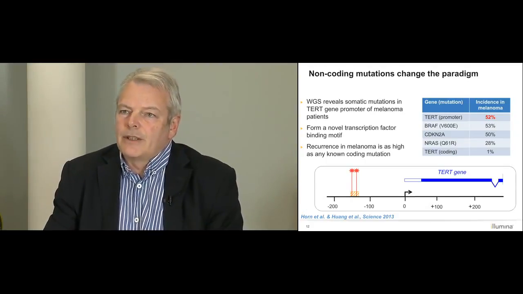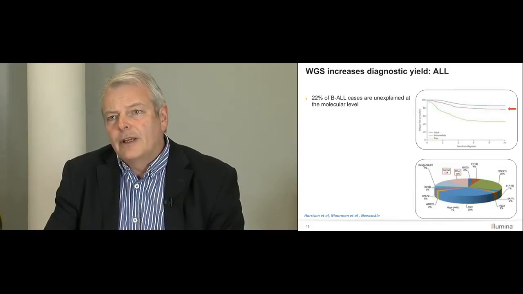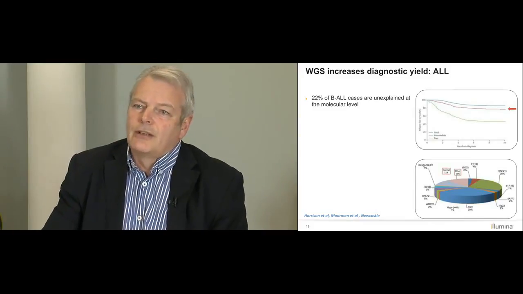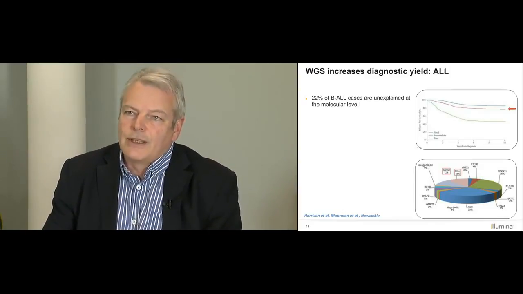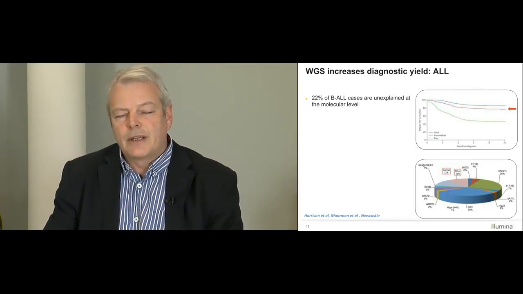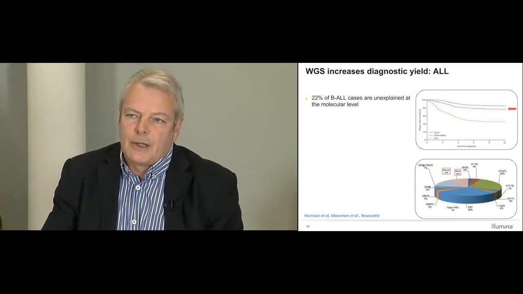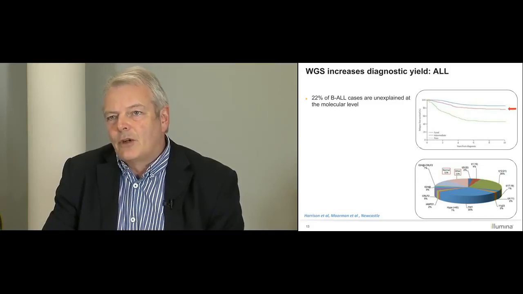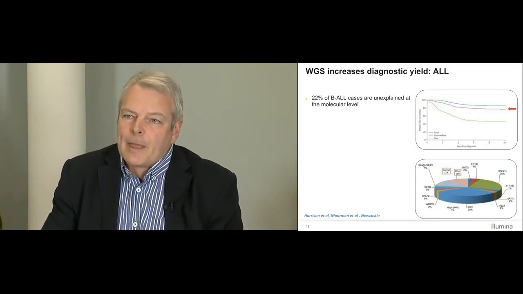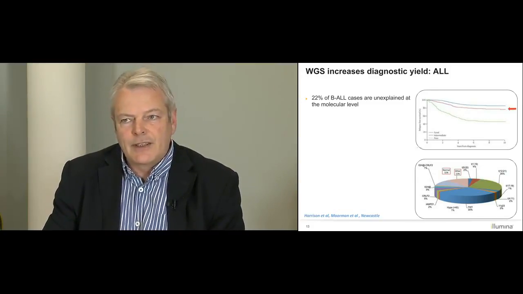One more paradigm I'll just evolve for you is the diagnostic yield, which I showed for the rare genetic disease, that we're moving from anecdotes to a quantitative number of cases where you can characterize them. Here is an early example from the ALL study, where 22% of all ALL cases are unexplained at the molecular level at the beginning of this study.